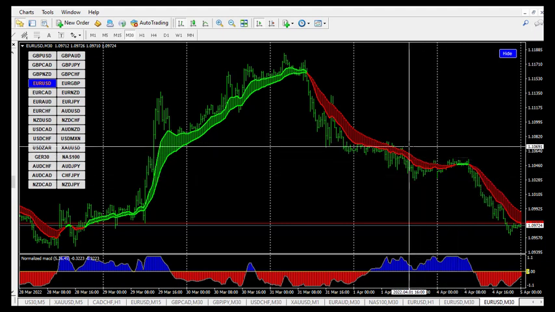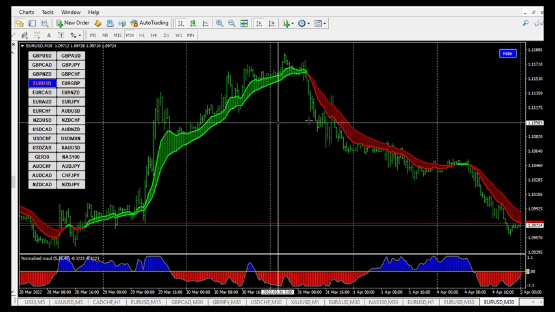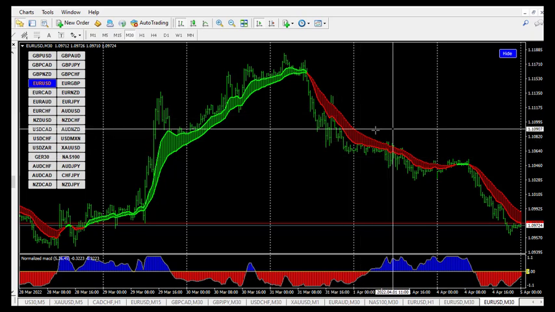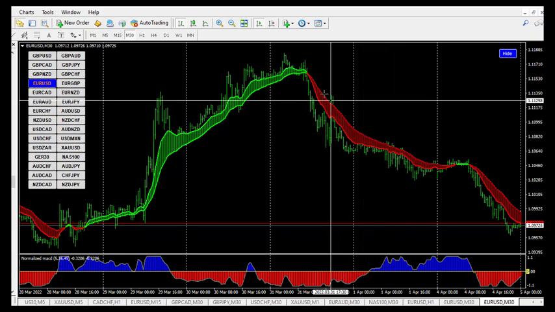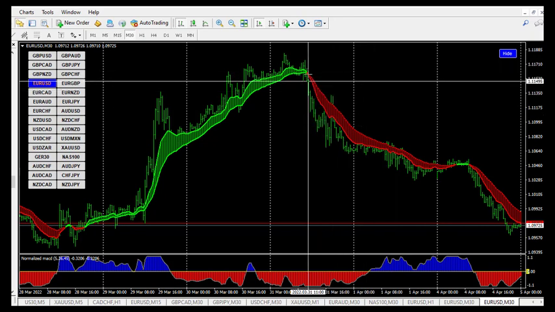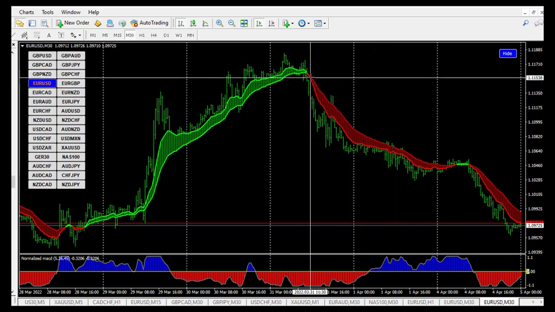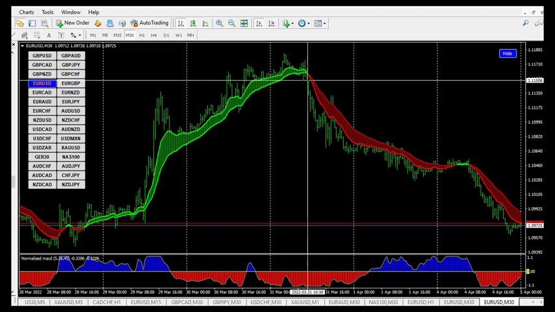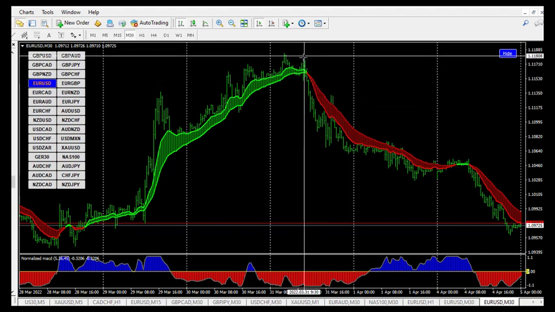Then how do you actually trade this particular strategy? Number one, you must make sure that these two indicators are in agreement. And once you place your trade, make sure your stop loss, for instance at this point, is going to be the previous high before this signal was generated, a few pips above it.